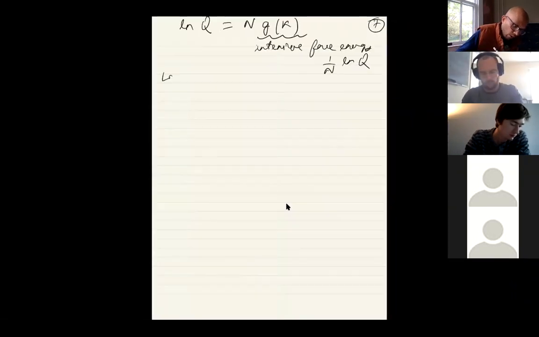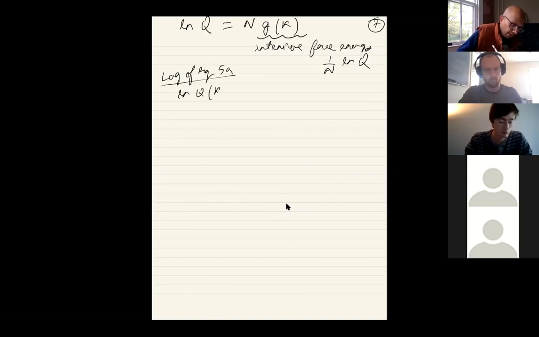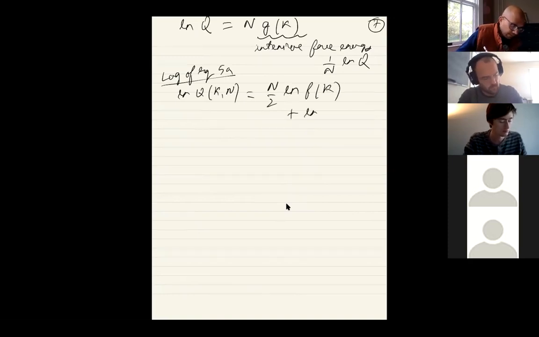So log of equation 5a gives us ln q of k comma n is equal to n by 2 ln f of k plus ln q of k prime n by 2.